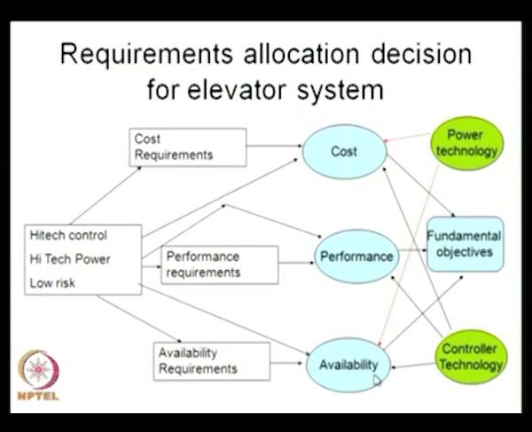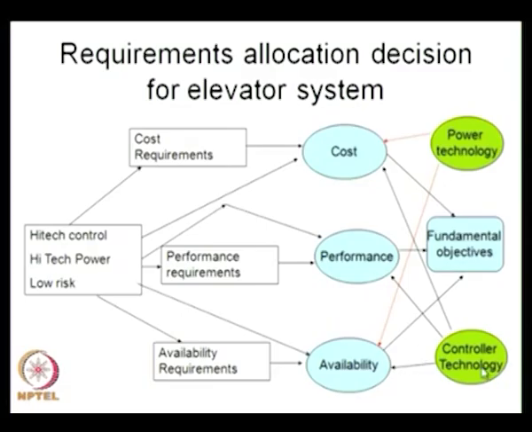Again basically availability and cost depend on the chance of power technology. The availability of the power technology and the cost of the power technology also influence the decision to be taken here. So the influence of these chances on this decision is represented by these arrows here. Similarly for the control technology, the availability, performance and cost, all these three are influenced by the controller technology, which is also shown as arrows over here.